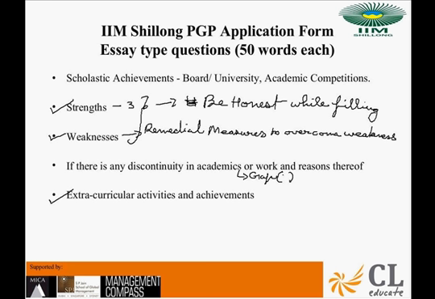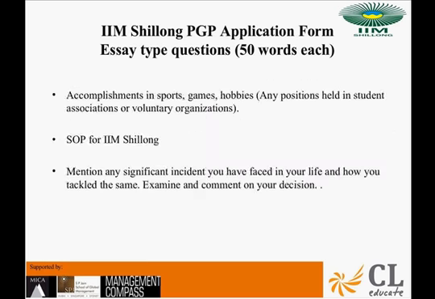Now see, there are 2 questions. One says extracurricular activities and achievements in them. Now if you move here, there's another question asking about accomplishments in sports, games, hobbies. So you can very well divide it across these 2 columns and talk about them.